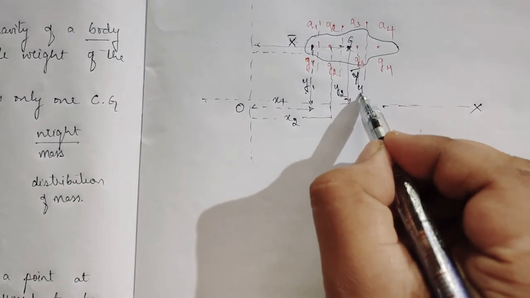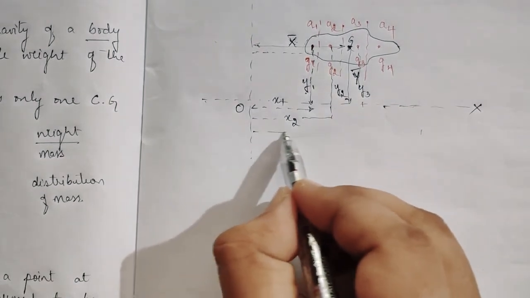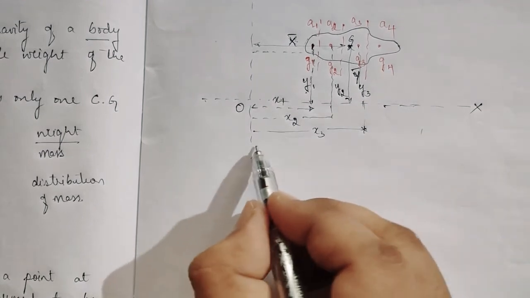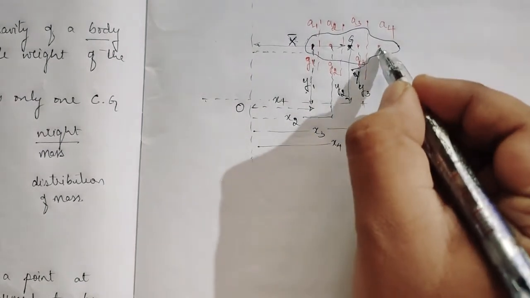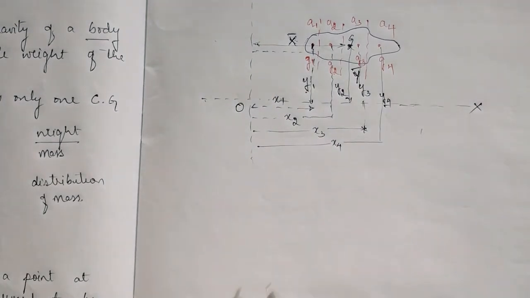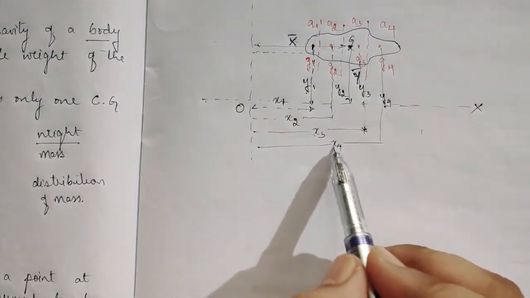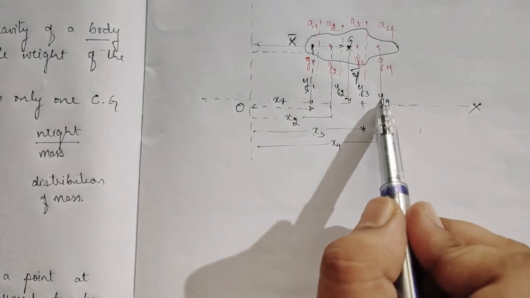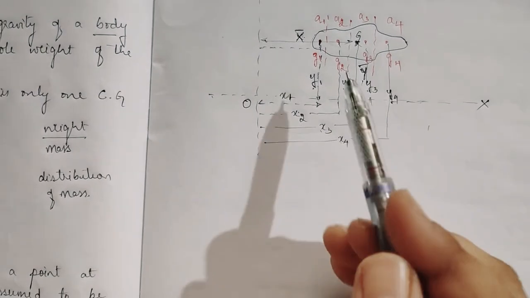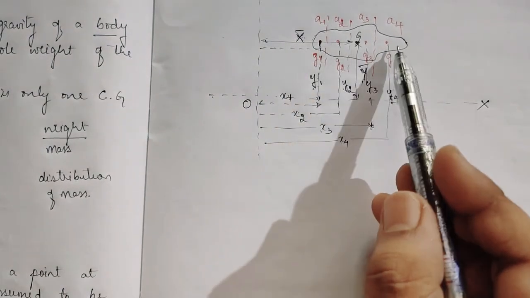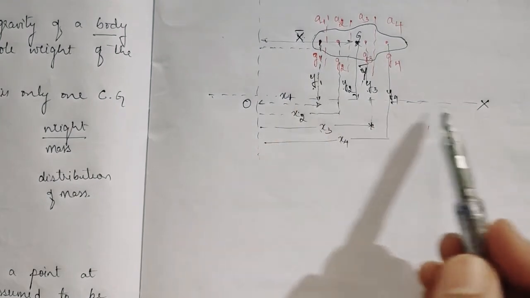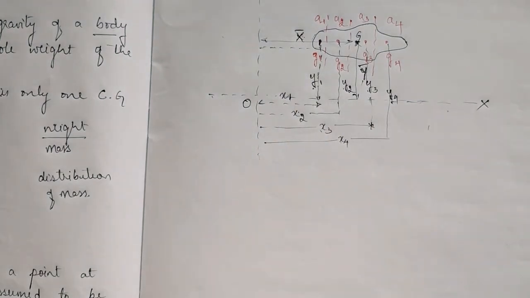Similarly this is y3 and this is x3, and x4, y4. So I have to find x1, x2, x3, x4, y1, y2, y3, y4. Our intention is to find x bar and y bar. I divided the whole area into 4 different parts A1, A2, A3, A4 with their centroids, and I also measured them with the reference axes.